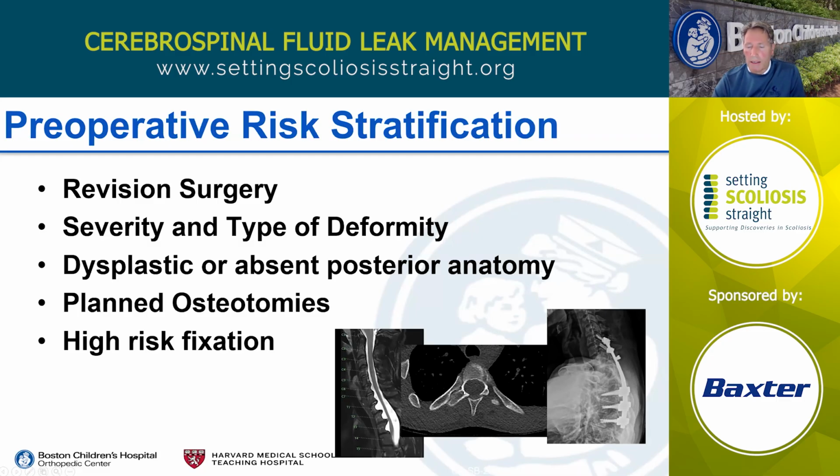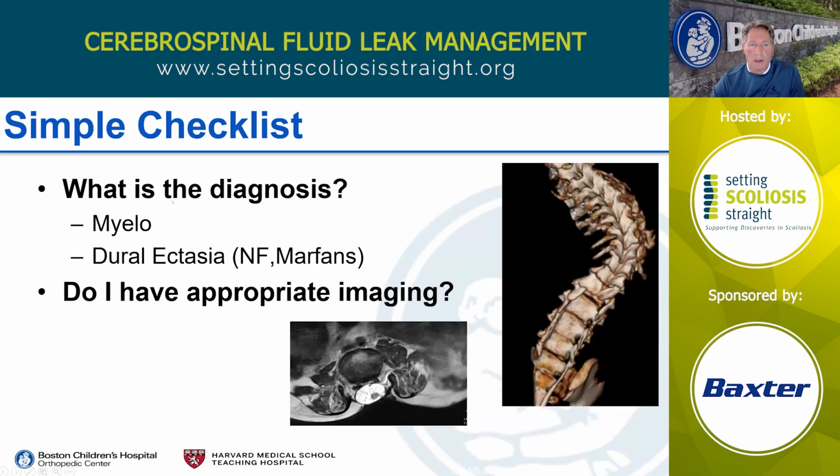So if you have really dysplastic absent pedicles with dural ectasia, really think about whether you should be putting screws there. So a simple checklist for me is, what's the diagnosis, right? We're going to have a much higher incidence in pediatric spine of dural injuries in myelodysplasia, or dural ectasia, neurofibromatosis, and Morquio. And if you have one of these diagnoses, you should really ask yourself as a simple checklist, do I have appropriate imaging?